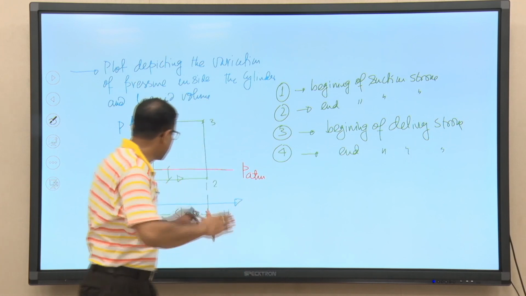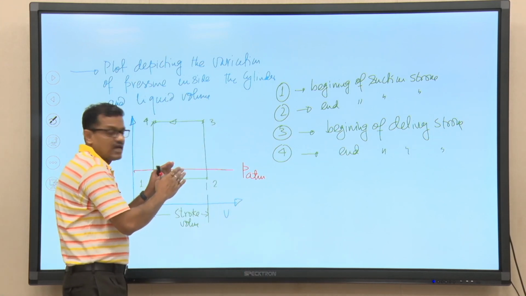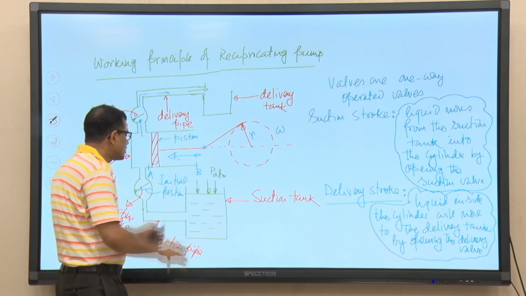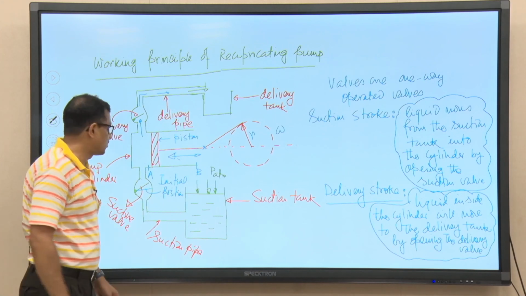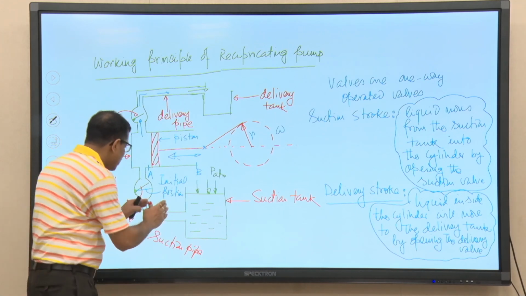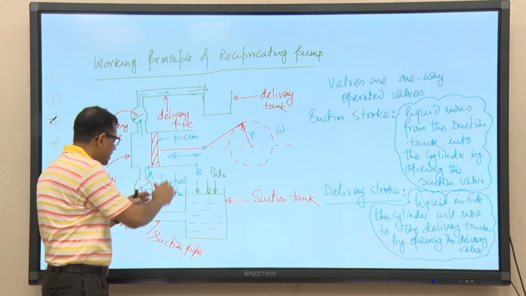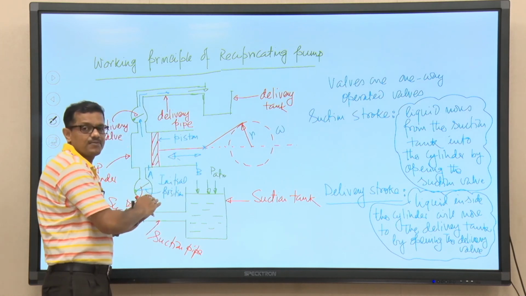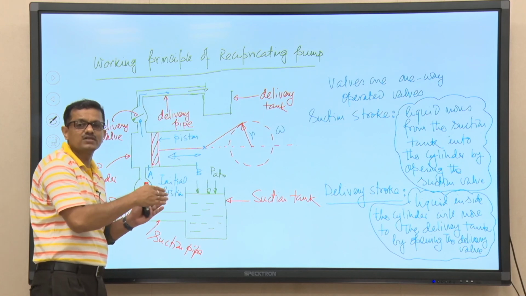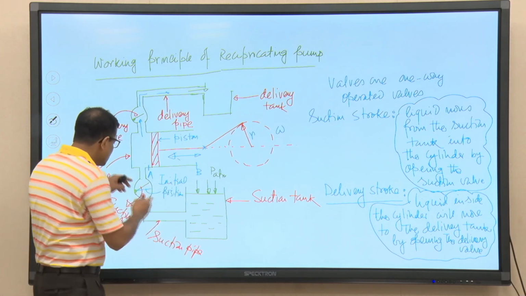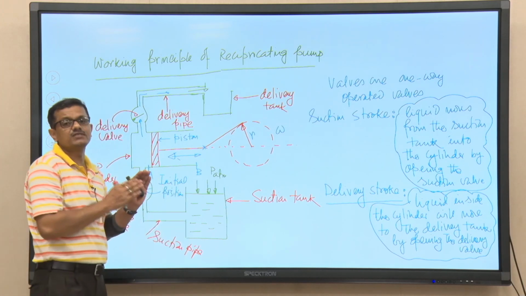So, this diagram should be modified, and also there are two important effects we did not consider. What are those effects? First of all, when liquid is moving from the suction tank to the pump cylinder, it is passing through the suction pipe. So, we need to consider frictional losses. Also the liquid inertia, which is very important.